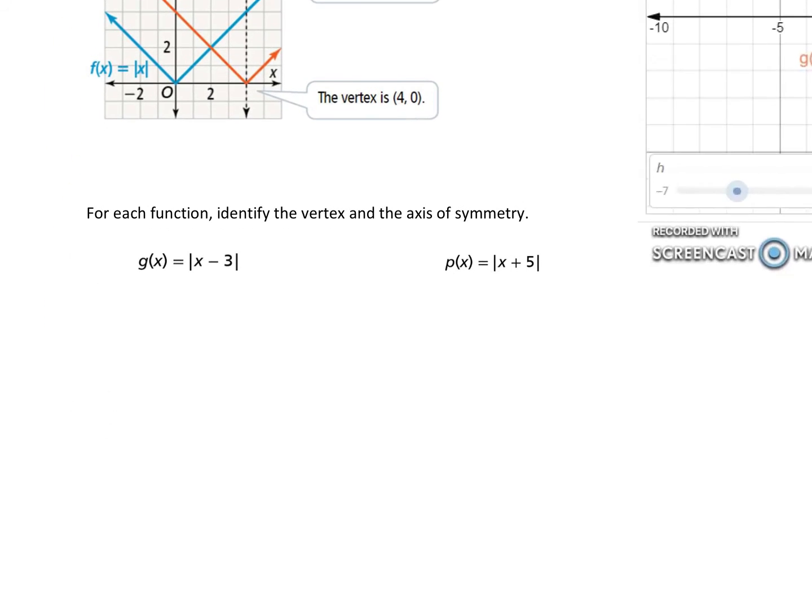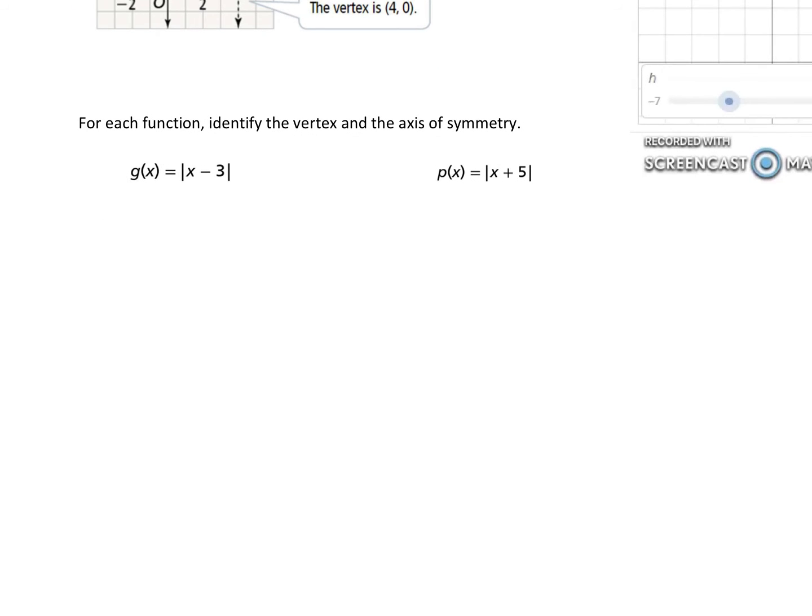So let's take a look at a couple quick examples. For each function, identify the vertex and the axis of symmetry. When we look at a new function, we want to see how it looks different from the parent function. We've got our absolute value bars, so we know it's a V-shaped graph, but we've got the x minus 3. So anything inside the bars with the x is going to be a horizontal translation.